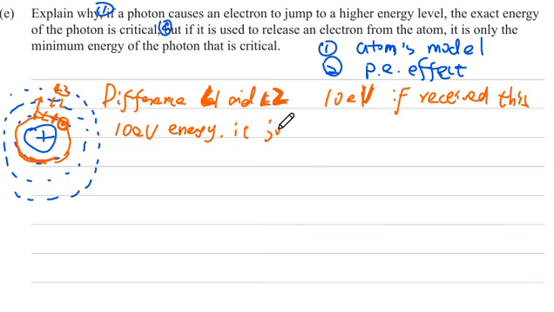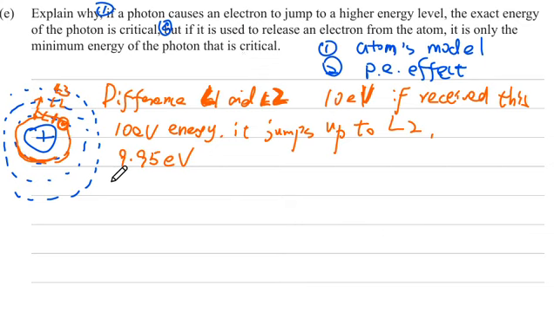How about if it receives 9.995 electronvolts of energy? It can't do it. It must receive that exact value.